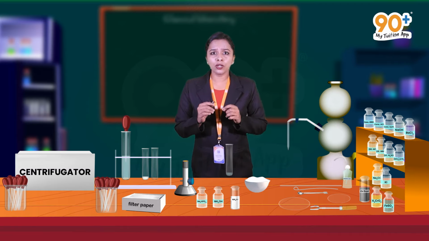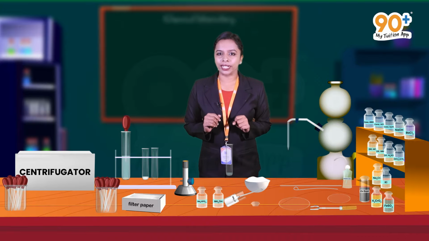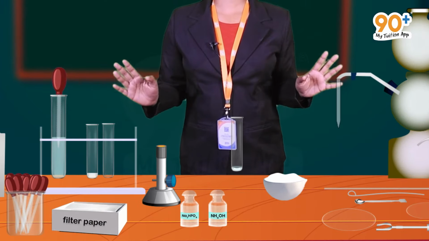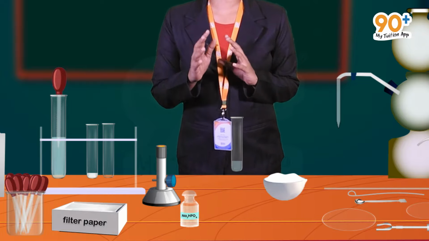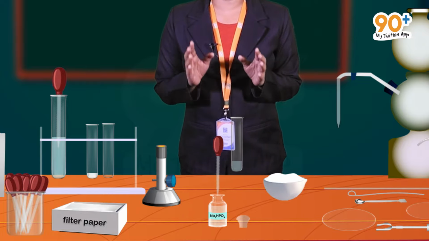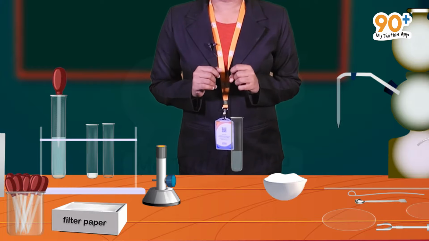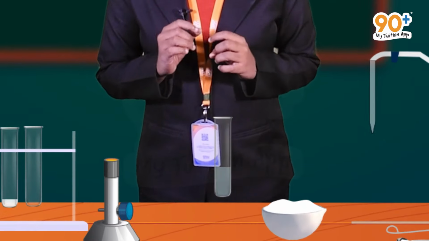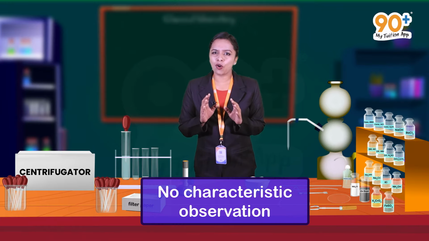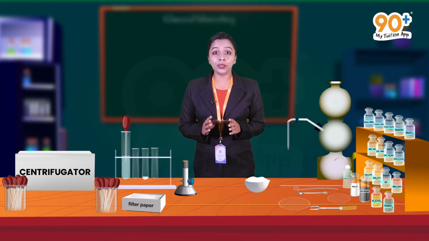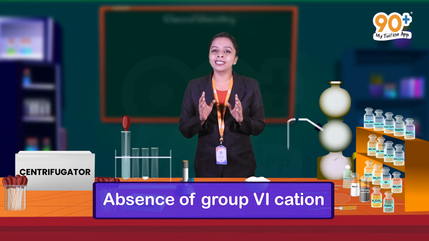So, to this solution, add ammonium chloride and then add an excess amount of ammonium hydroxide. Then add a few drops of disodium hydrogen phosphate. Can you observe any changes here? No. It means there is no characteristic observation and it shows the absence of group 6 cation.